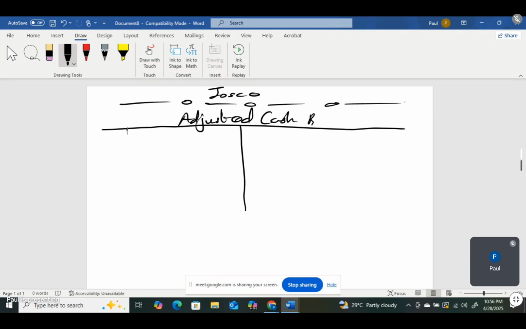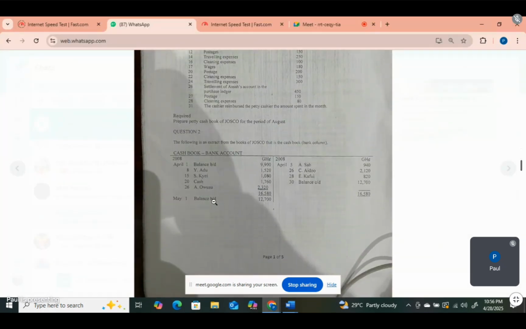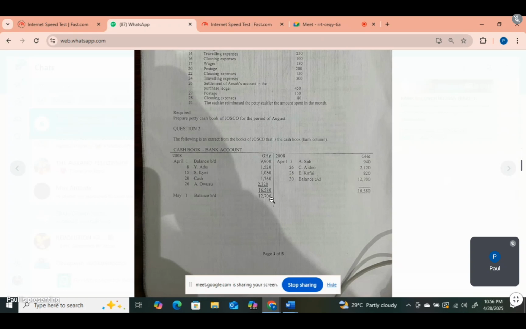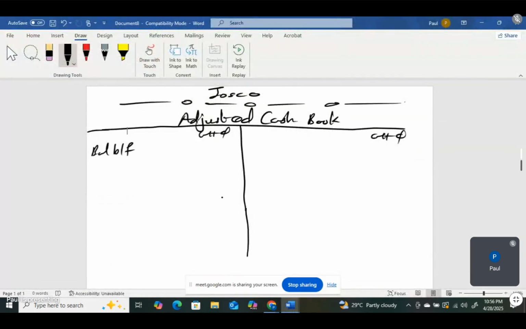Adjusted cash book. Now take the balance as per your cash book. Your closing balance from the cash book was what? 12,700, right? So it will come 12,700.